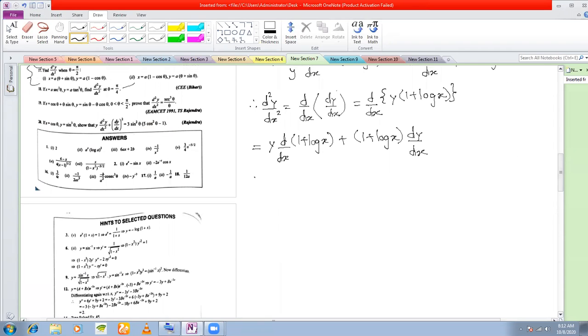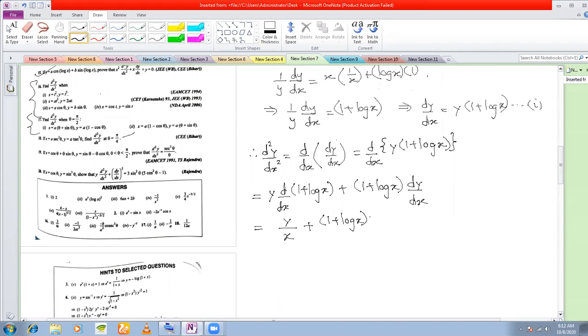Okay, so now simplify. d/dx of 1 plus log x is 1 by x simply, and you have 1 plus log x. And what is the value of dy/dx here? In 1, you put that value, y into 1 plus log x, right? This is the value you have, isn't it? So what you get here is y by x. We are not putting the value of y only.